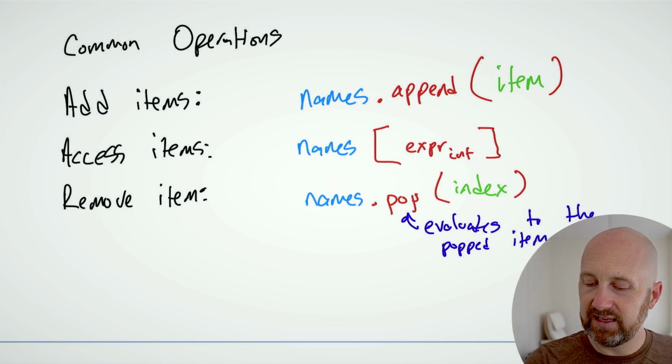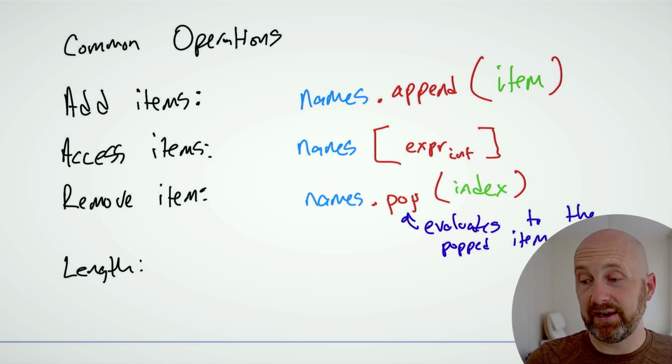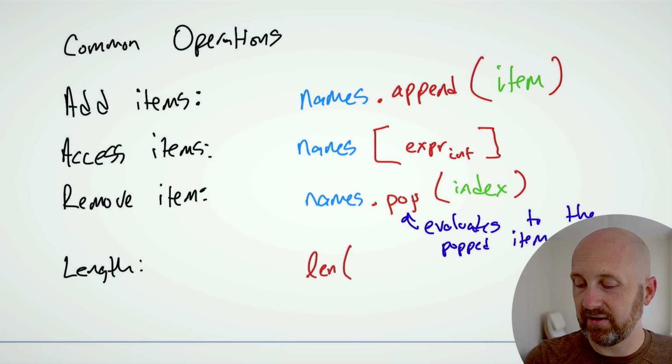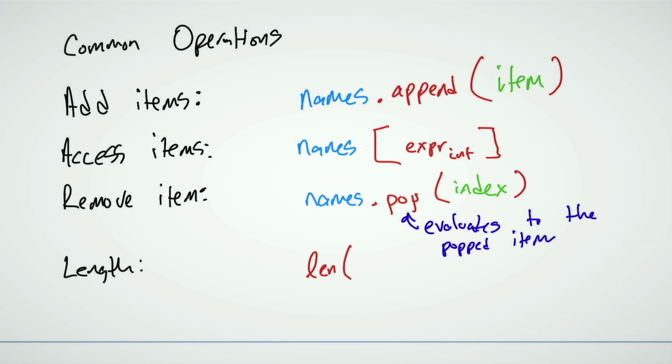So we can access the length of a list, which tells you how many elements or items that list contains, with the len function that's built into Python. So this is how Python carries this out. So len of names will tell you how many items are in the list. And let me actually make a note of that, which is how many items.